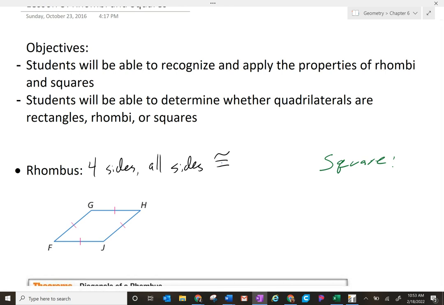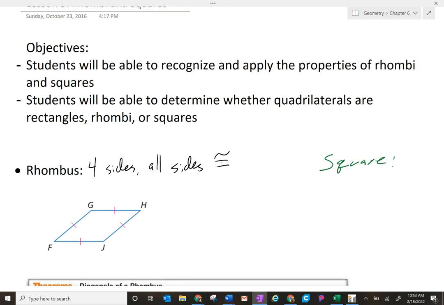All right, first and foremost, a rhombus, what is it? A rhombus is a 4-sided figure with every single side being the exact same length. Think like a square that somebody squished.